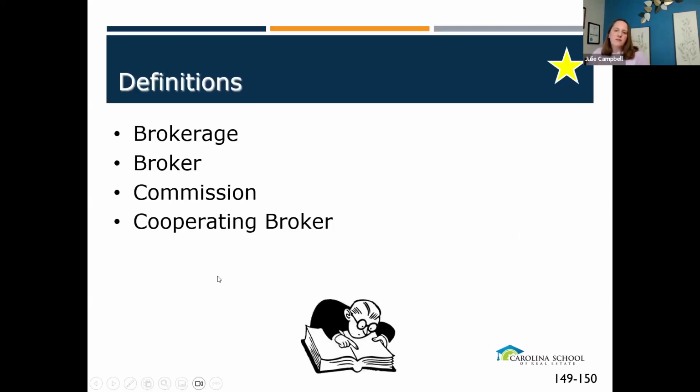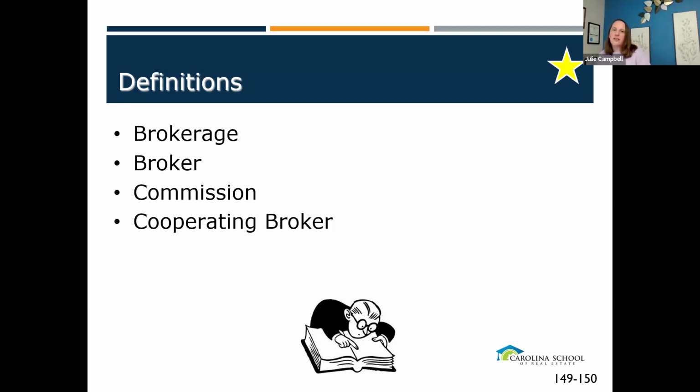Also, on page 149, we define some more words. Again, it's about understanding the basics, the definitions of the words as we get into these conversations. Brokerage is the idea of bringing buyers and sellers together in an open and fair market. What we do every day, helping sellers sell and buyers buy, we're brokeraging the deal.